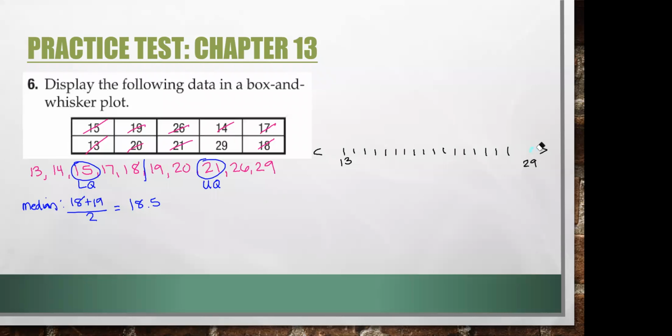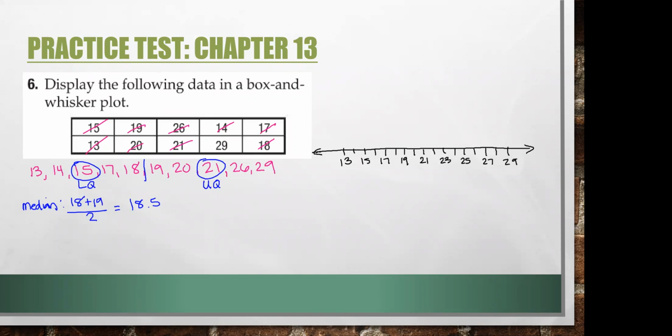Let me just put the 29 there. So this is 29. Draw this line again. Okay. All right. So then I'm just going to put every other value here: 13, 15, 17, 19, 21, 23, 25, and 27.